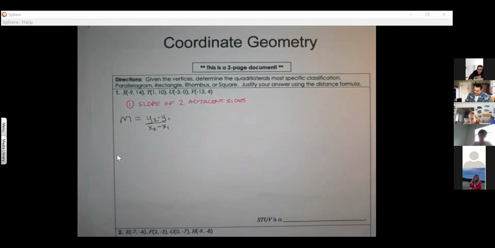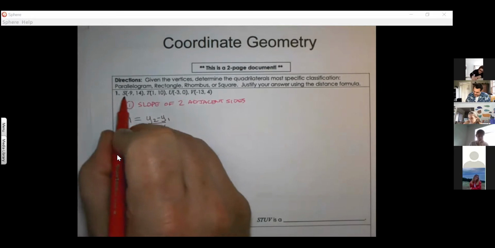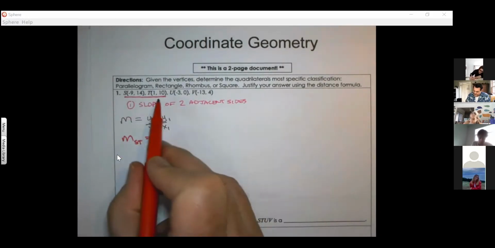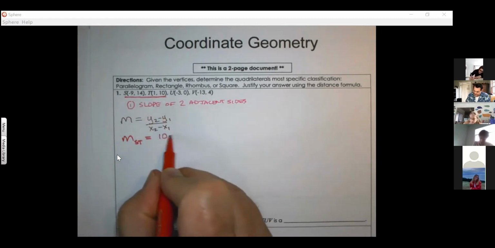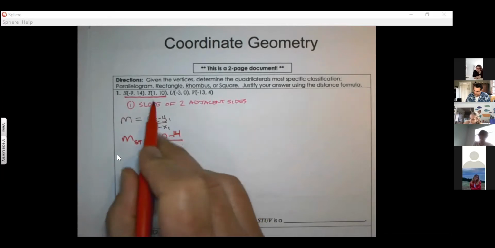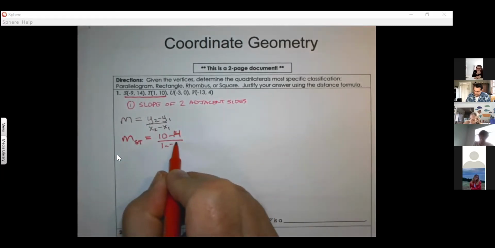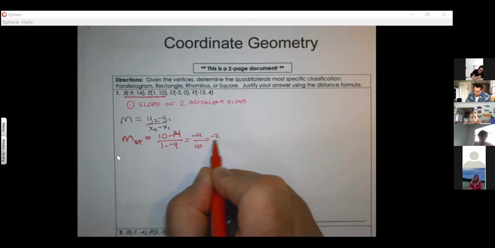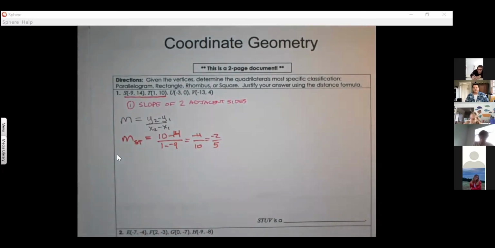So if I want to find the slope of, let's say, ST, I'd say y minus y or x minus x is -2/5. And now I need to find the slope of a different side. Which side should I pick?